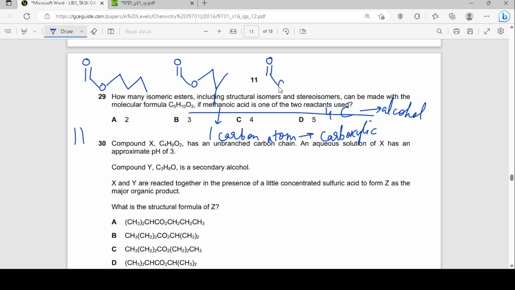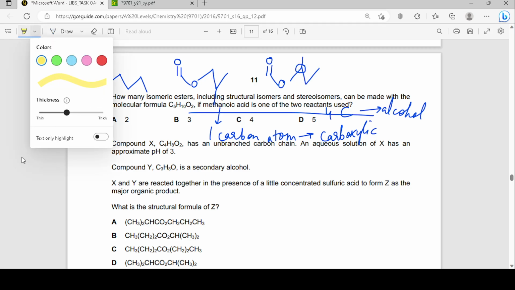And then we could have another isomer like this. But here we could have optical isomers because this carbon atom has four different groups attached to it. I will show you.